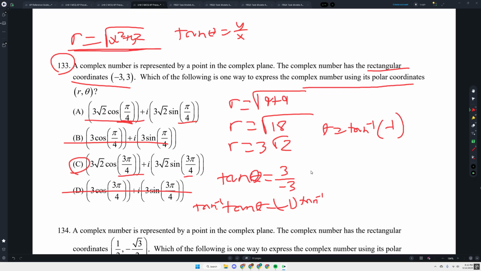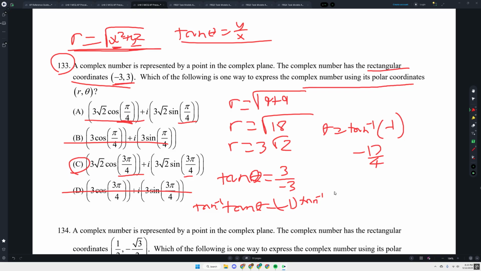And where is tan inverse of -1? It's one of the topics on the tan formula up here. Tan theta equals y over x. What is tan inverse of -1?